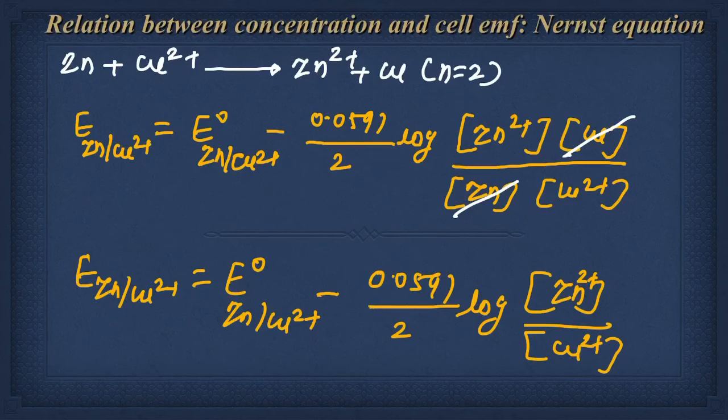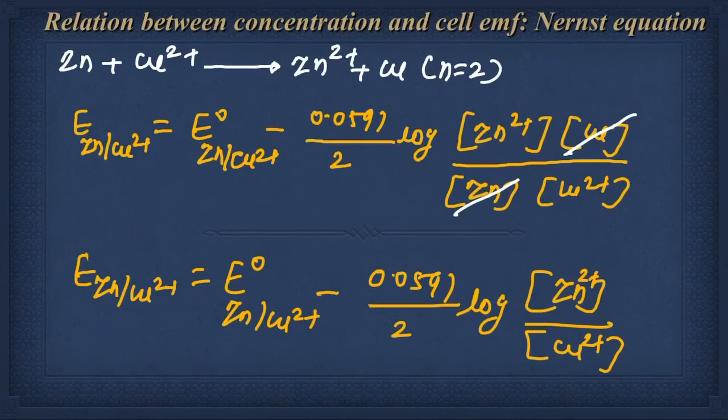Okay, so if the concentrations of the zinc ions as well as the copper ions are given, and if you know the standard electrode potential of the cell, that is when there is an oxidation of the zinc and reduction of the copper observed, we can easily calculate the cell EMF. Okay, so this is the beauty of the Nernst equation. That is, if different concentrations, non-standard conditions, are given, we can easily calculate the cell EMF.